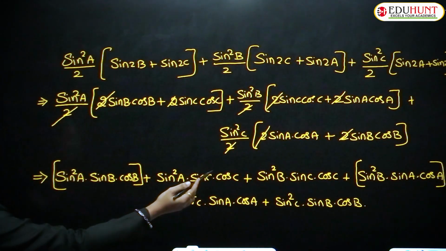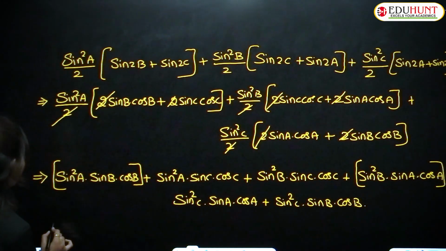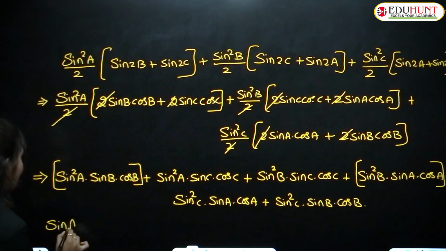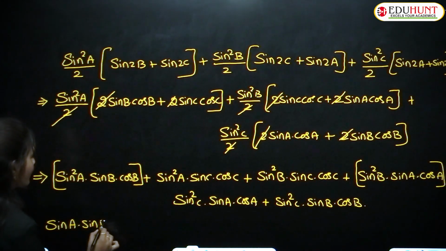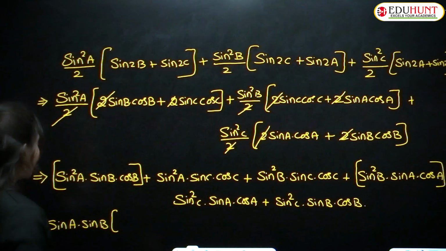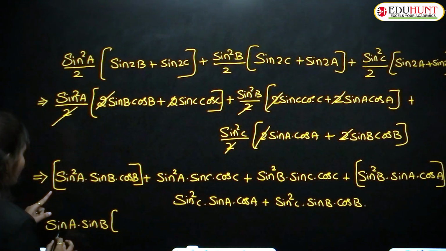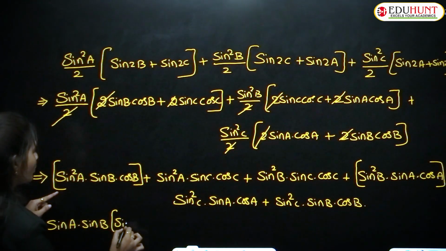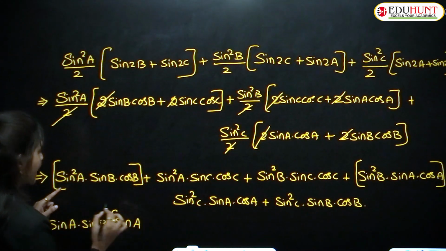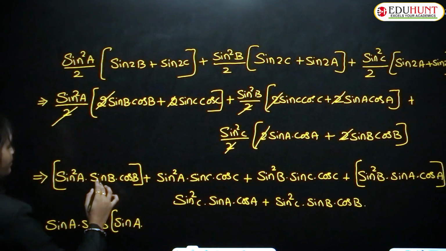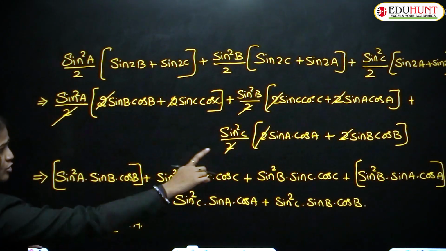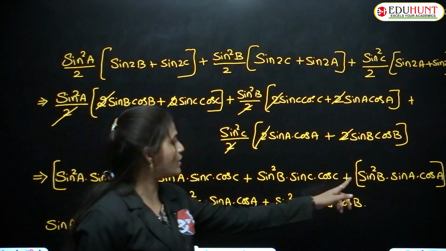So here we can take sin a sin b as common. Here the leftover is only one time sin a. So that is sin a into, here sin b already taken as common, but here two times sin square b is there, no.